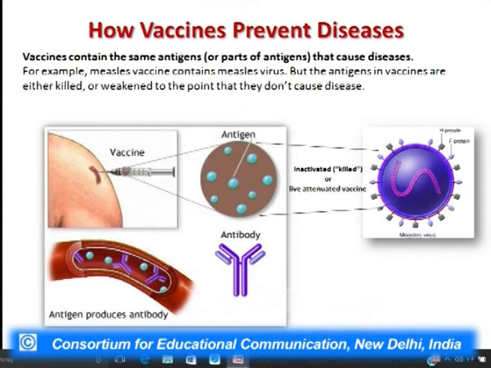This is the principle of how vaccines prevent diseases. Once these antibodies are formed, when the real virulent measles virus comes and infects the organism, the organism is already prepared because it has a pre-formed antibody against the measles virus. So, this is what happens in vaccination.